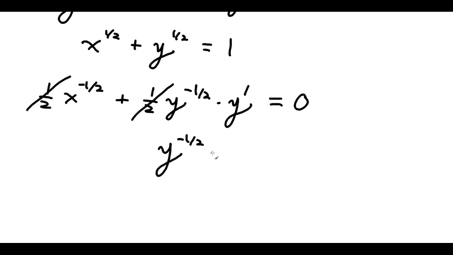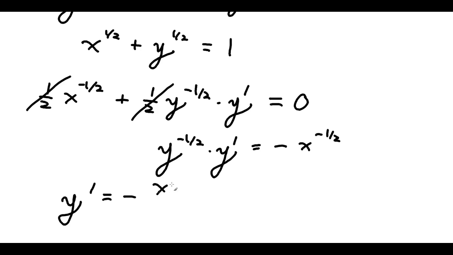So we have y to the negative 1/2 times y prime is equal to negative x to the negative 1/2. And to get rid of this, we could divide both sides by y to the negative 1/2. I'll go ahead and write it that way at first, but there's a simpler way to do this.